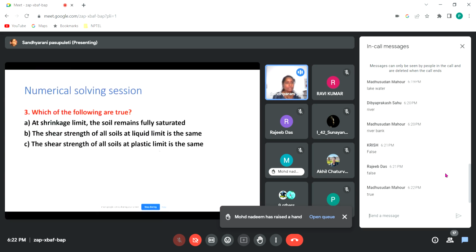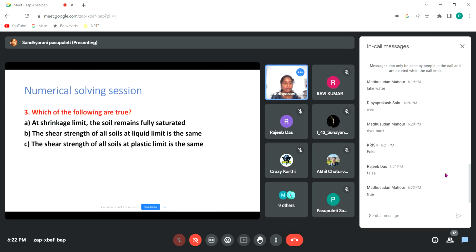So before saying whether it is true or false, shrinkage limit is a particular water content. Beyond the shrinkage limit, even if you add water, there will not be any change in the volume of the soil. Why? Let us say there is a soil of 50 grams.